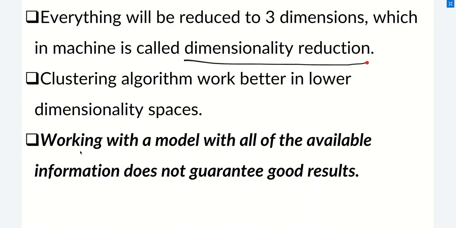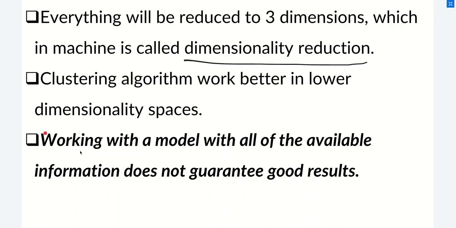That is matrix approximation. There are certain algorithms that work better; for example, a clustering algorithm works better in lower dimension. So it's better to remove all irrelevant features so that you have the relevant ones and your algorithm is able to work on them.